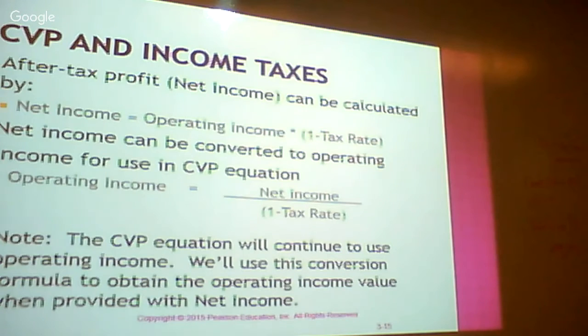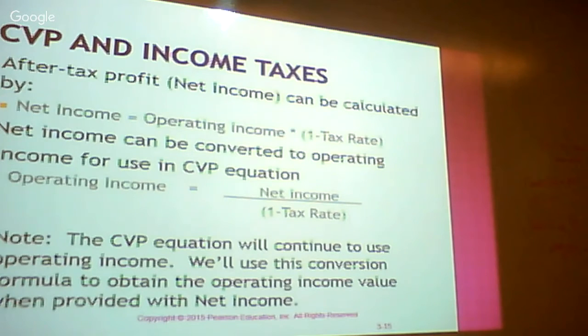So how do we figure in our taxes here? We take our operating income times 1 minus the tax rate. So basically what we're saying is we take our operating income times the percentage left over.